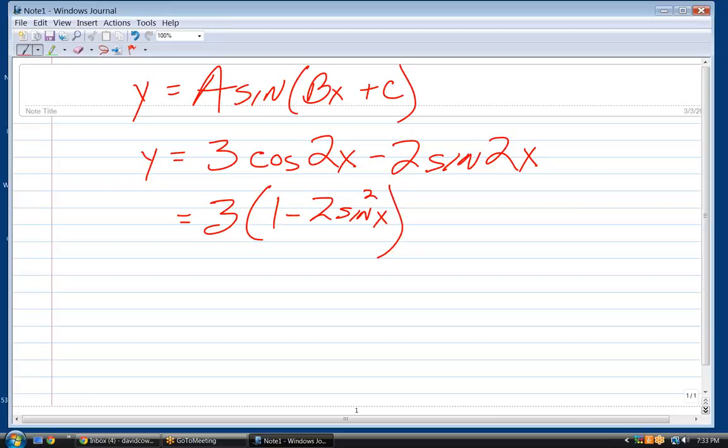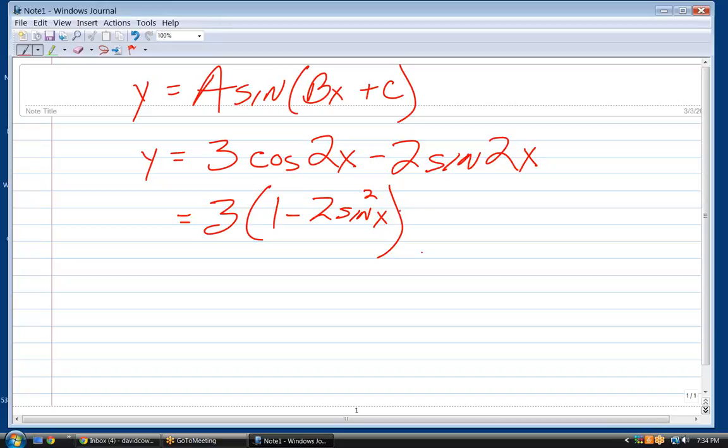Let me grab my book. I don't want to start off using the wrong identity, so let me look it up. Cosine 2x, there are 3 possible. Which one is just the sines? Just the sine, 1 minus 2 sine squared x. Okay, like I've written it.